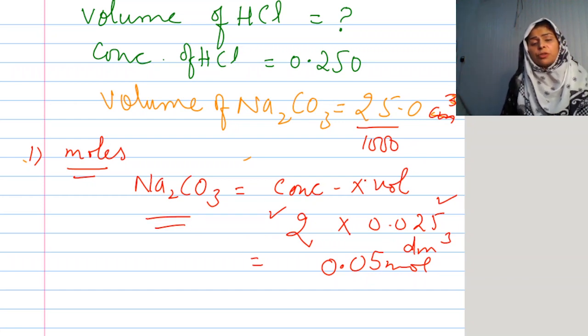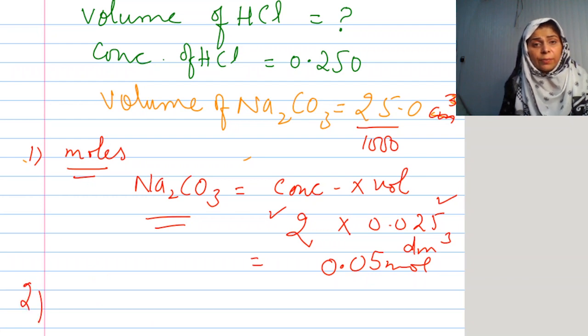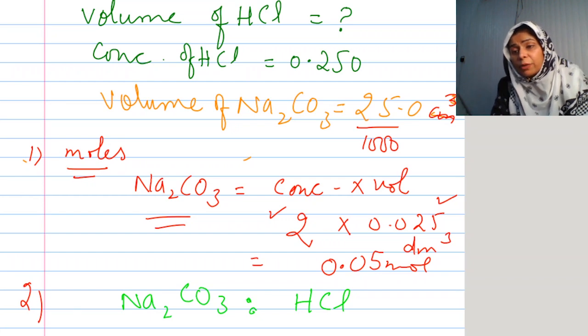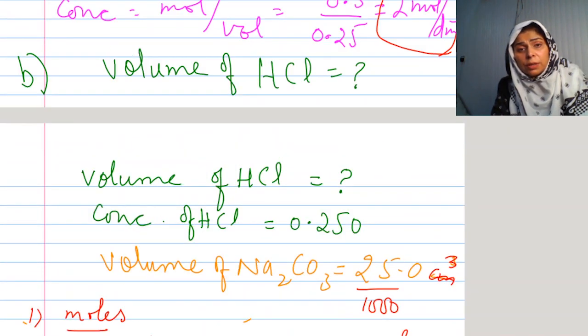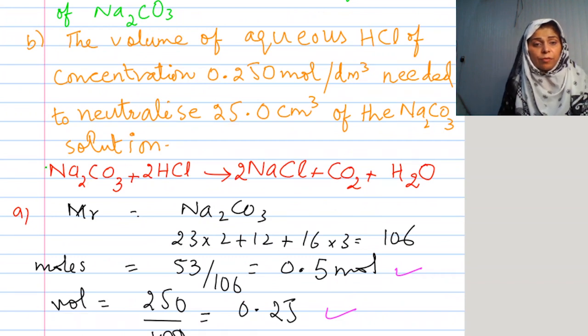First step, concentration into volume, and then the second step is the ratio method. We have to calculate the volume of HCl. From the equation, 1 mole of Na2CO3 reacts with 2 moles of HCl.